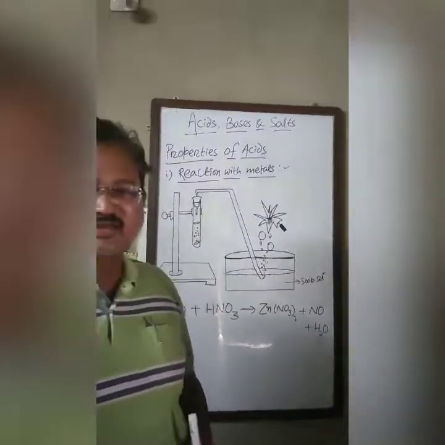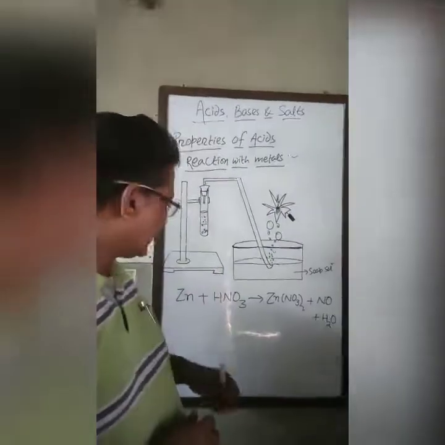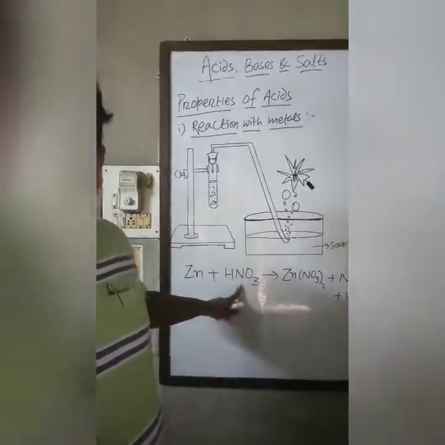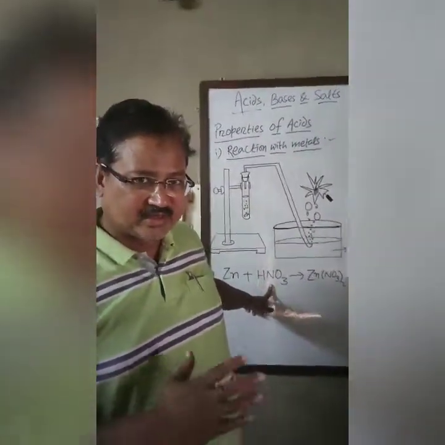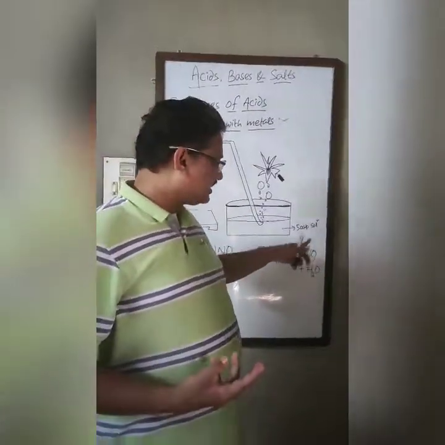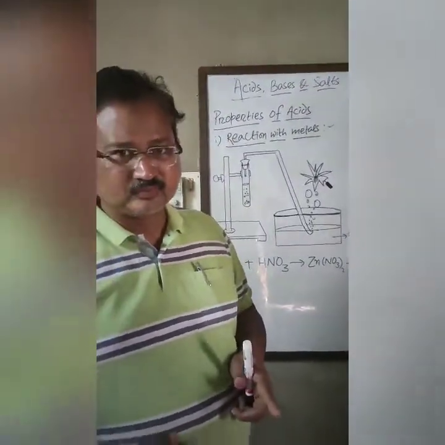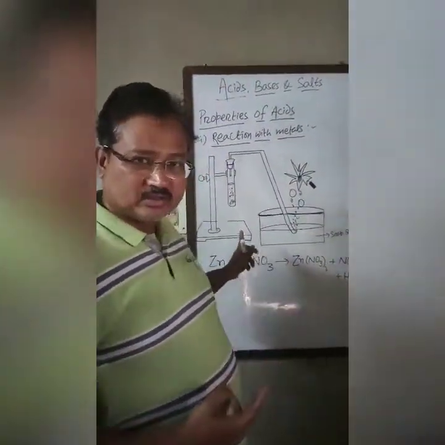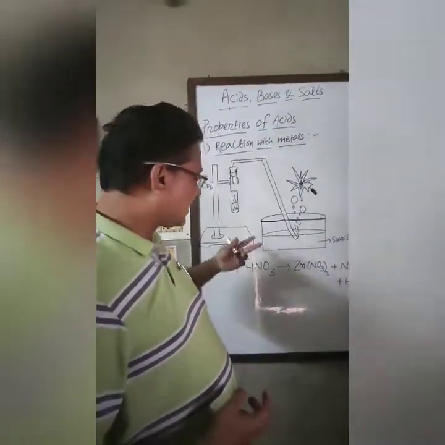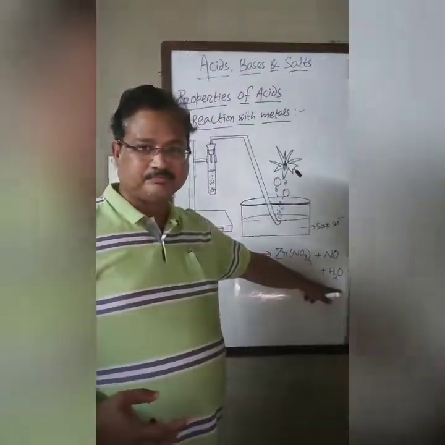In this case hydrogen gas will not evolve because nitric acid is an oxidizing agent. It gets itself reduced to nitric oxide and nascent oxygen. That nascent oxygen attacks the hydrogen thus liberated and becomes water.